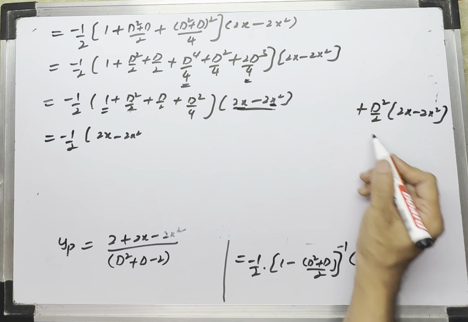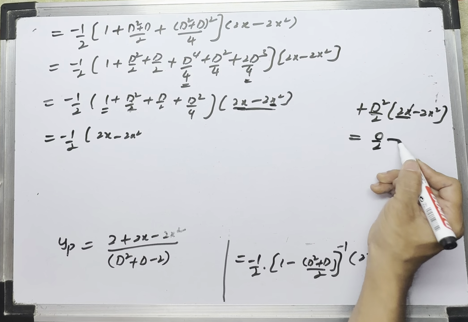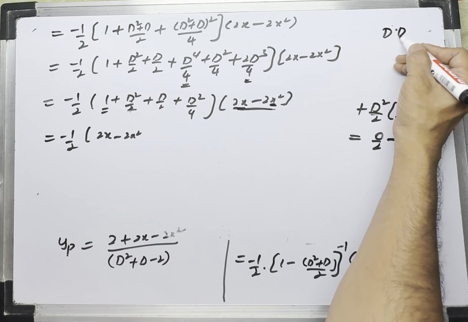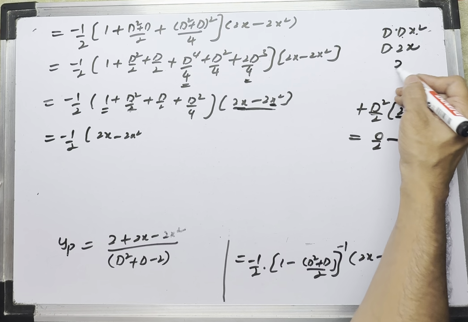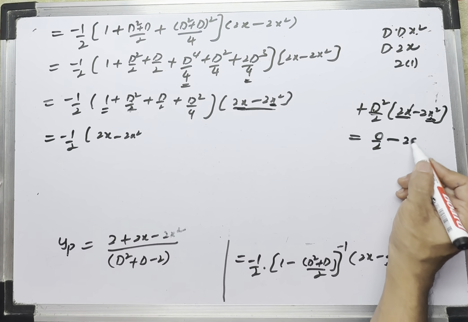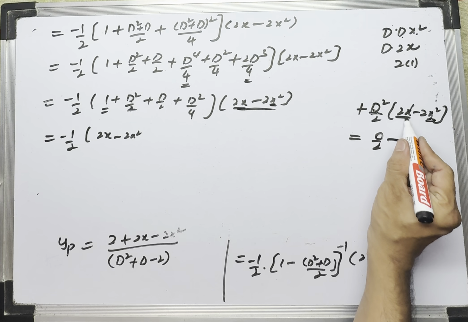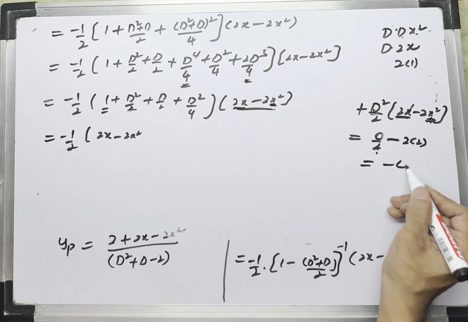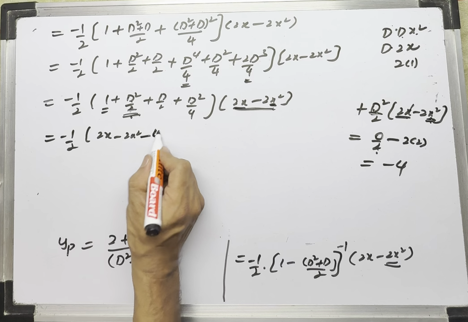What will I get here? 2 times differentiating the single x value means 0. 2 times differentiating x square. The derivative of x square: first time it is 2x. Second time if we differentiate we will get 2. So 2 times the derivative of x square is 2. Then single we have differentiated, 0. This is 2. So what will you get? 0 minus 4. So after differentiating these two values we will get minus 4.